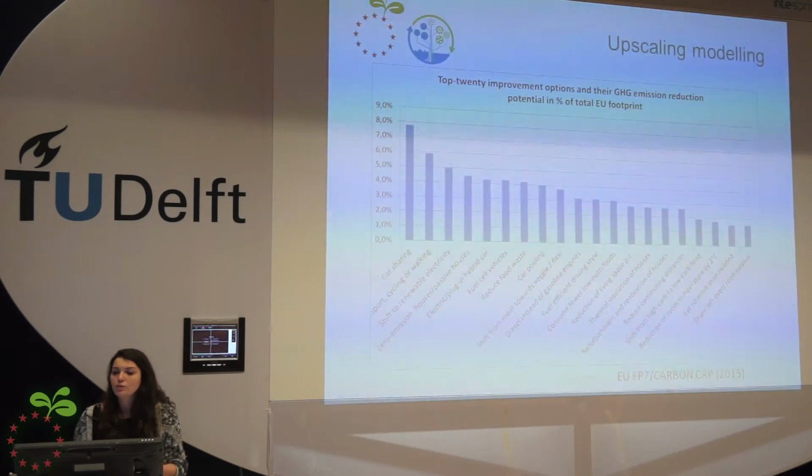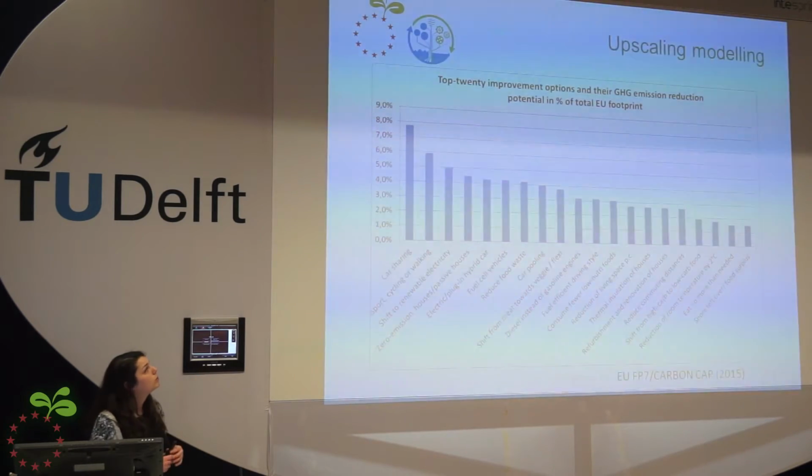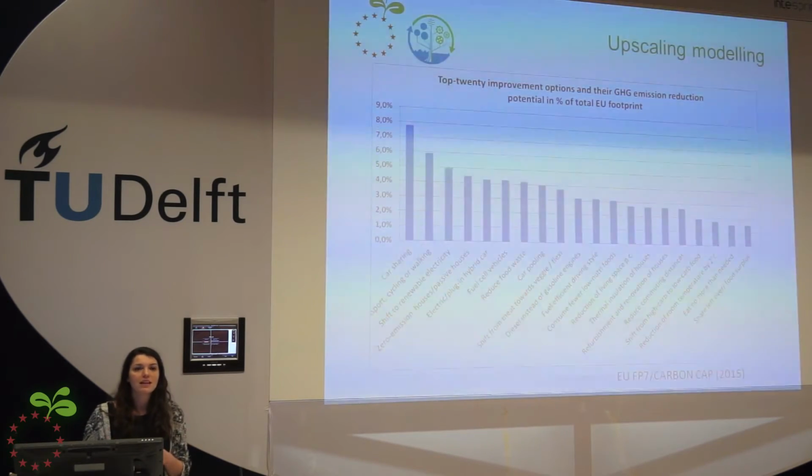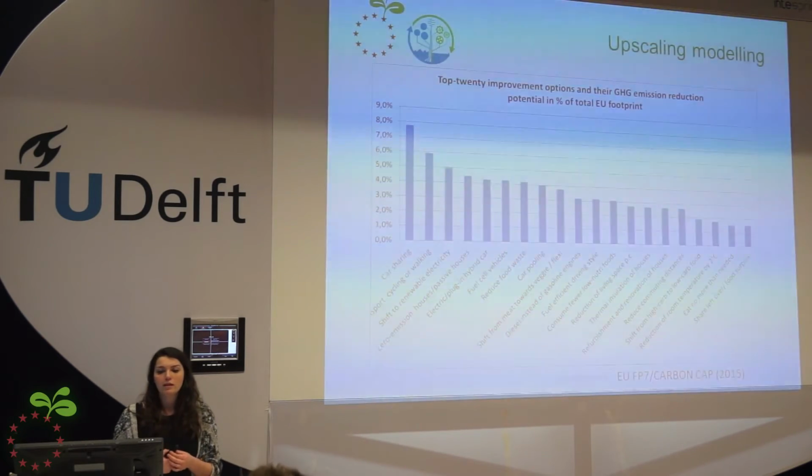Here are just some results from another project, the carbon cap project, that have calculated the improvement from different interventions. And basically what we do in GLAMURS would be something similar to that, where we'll be able to evaluate different sustainable switches and say what will be the reduction in the total footprint of adopting such lifestyles.